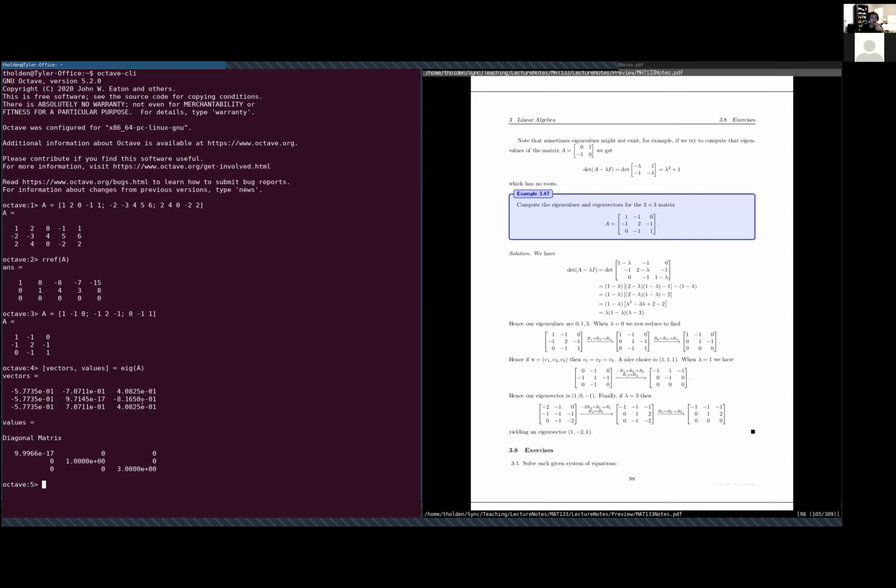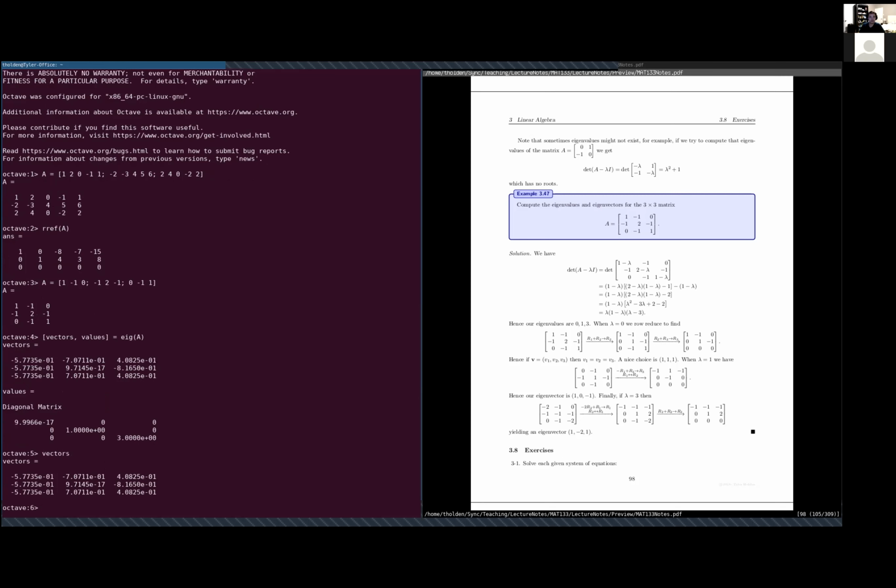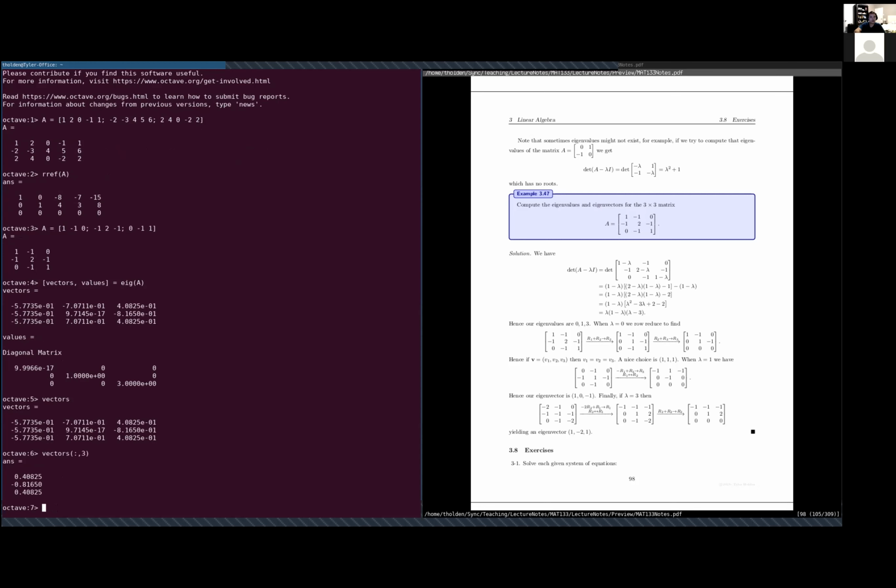And in fact, there's a little thing you can do. I don't necessarily recommend doing this, but let's say you get this thing right here. I've saved all the eigenvectors into something called vectors, so I can access it. Now, if I recall correctly, does this work? Right. If I use this notation, I want all of the rows of column 3. That just pulls out this column right here.